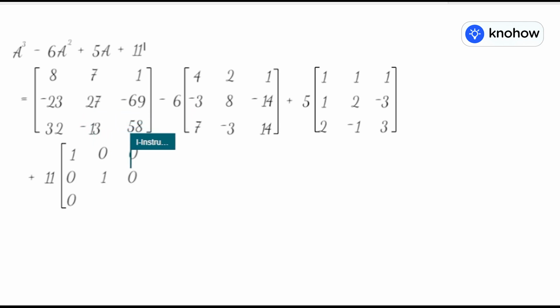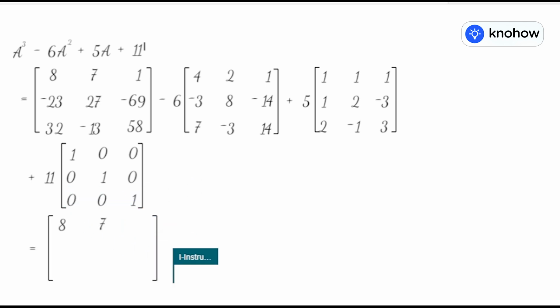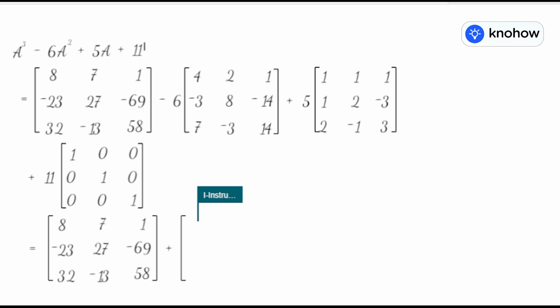So you get, keeping A cube for the time being as such, you just rewrite A cube, and multiplying by negative 6, you get negative 6A equal to [-24, -12, -6; 18, -48, 84; -42, 18, -84].